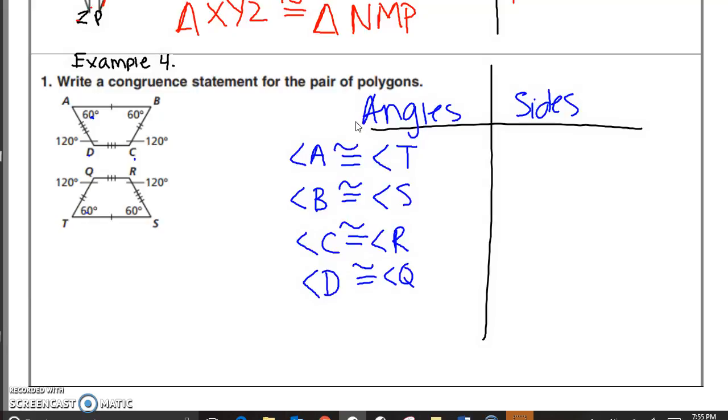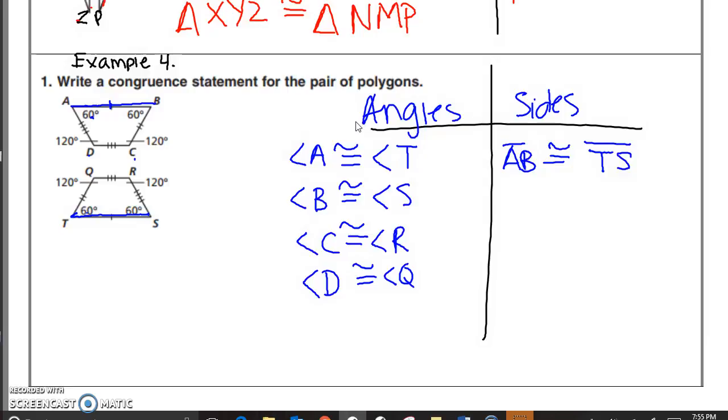Now I'm starting with the sides. We have the side that's one little dash there. So that's AB is congruent to, now again, the side with one dash. We know A is congruent to T, so TS.